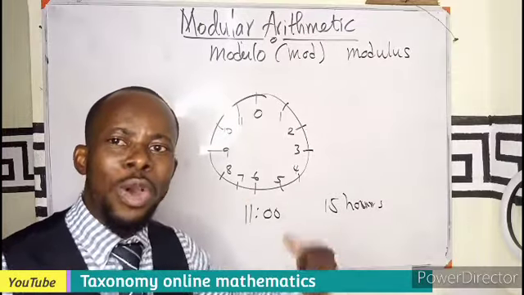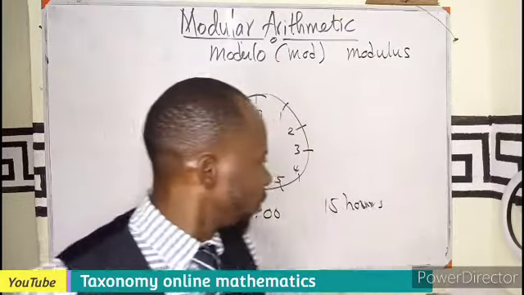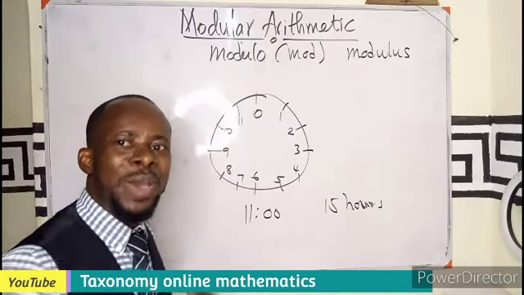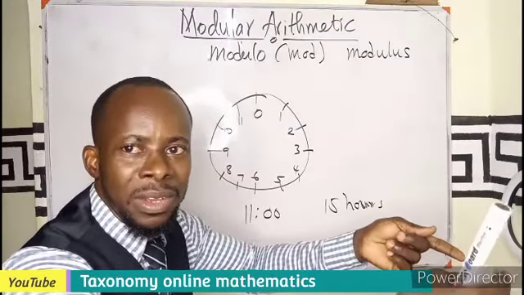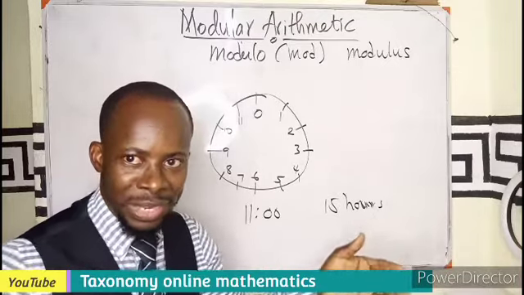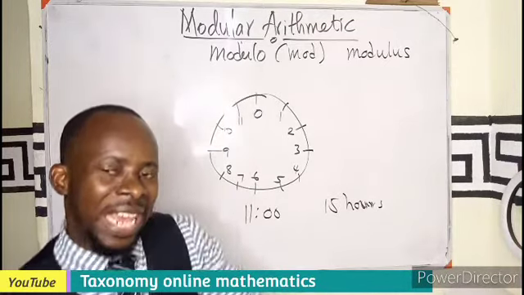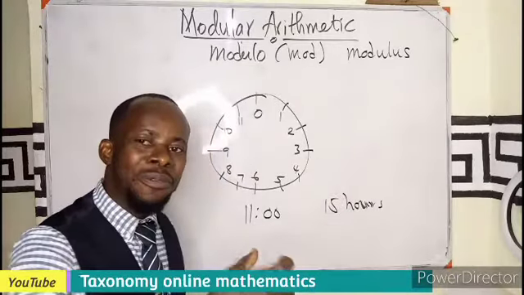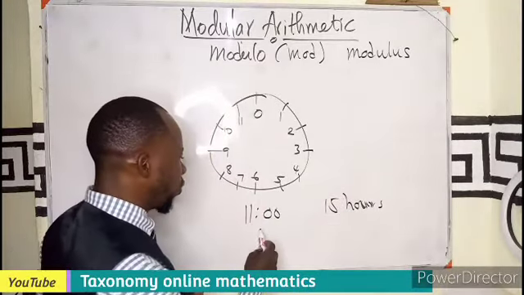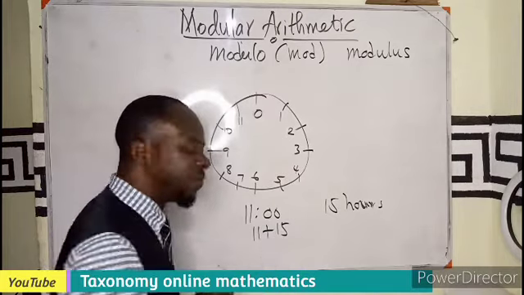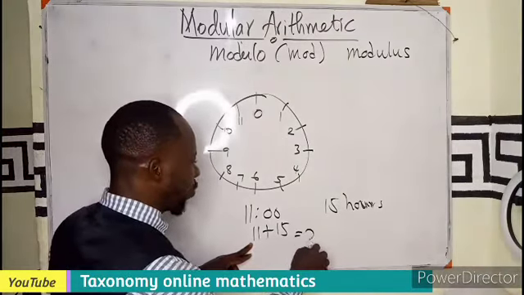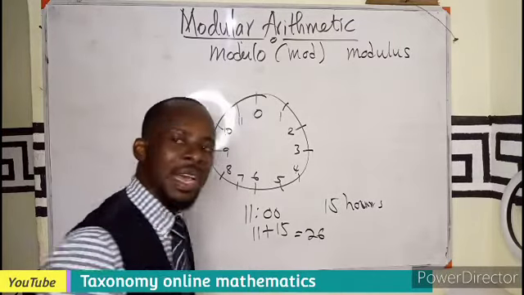You want to find out what will be the time that you will get there. So don't forget, the 11 o'clock means we have already spent 11 hours. 11 o'clock means you didn't just wake up and it's 11. You spent 11 hours after waking up. So we are going to add an extra 15 hours to that. So we are going to add 11 plus 15 and see how many hours that would be. And that will be 26 hours.